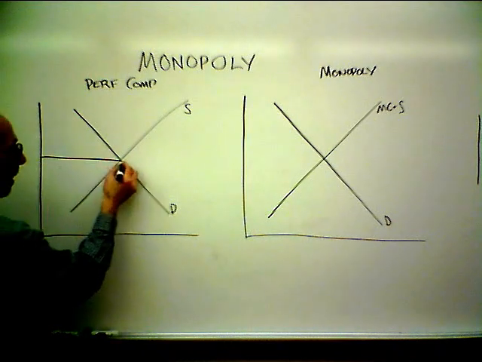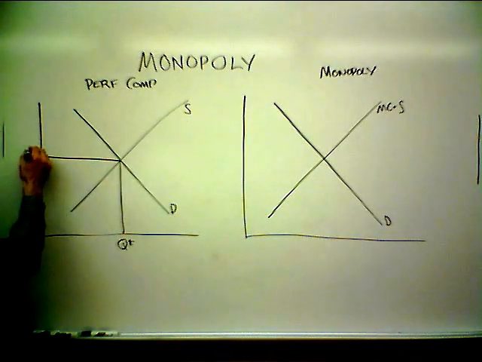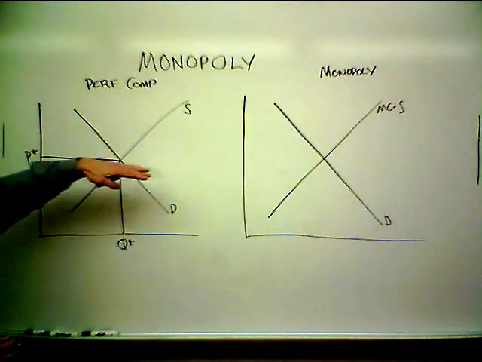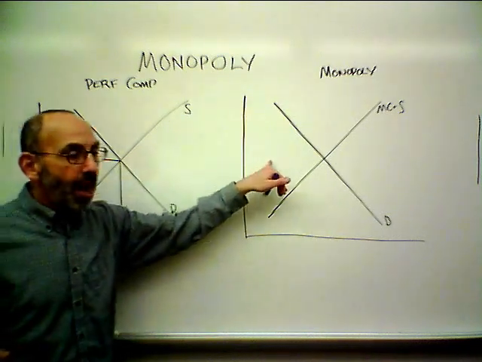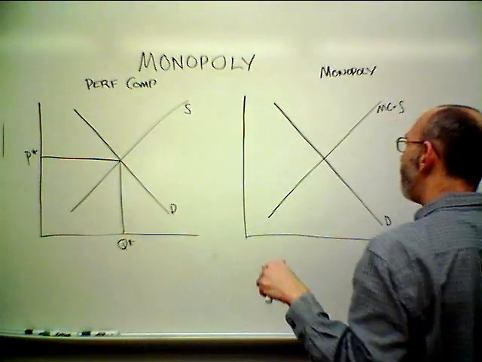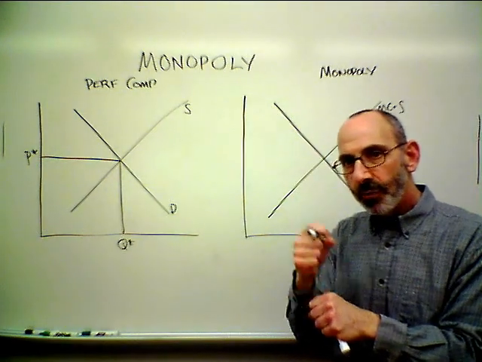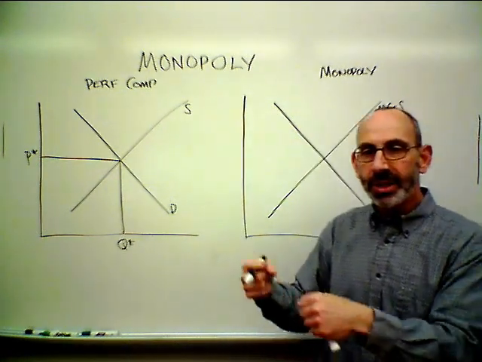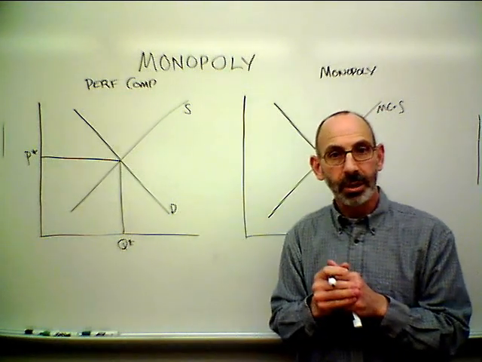For the market, you have equilibrium of a Q star and a P star, and that P star horizontal line would be the demand curve for the firm. For monopolists, though, we said that it has to lower the price for each additional unit it wants to sell. If it wants to sell additional units, it must lower the price actually on all units.